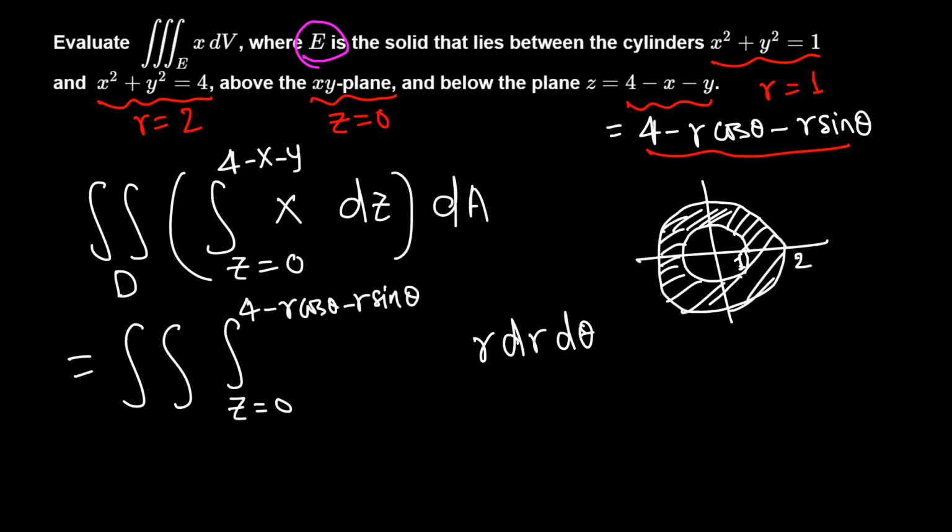The integrand x is r cosine theta, and outside now first r then theta. We are going around a circle, so all 360, 0 to 2 pi, and r inner is 1 and outer is 2, so 1 to 2. Now we can evaluate this easily. I forgot this dz part here. So here is dz, and r times r will be r squared.